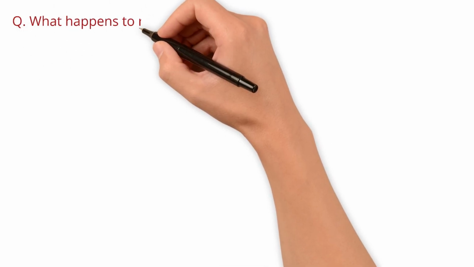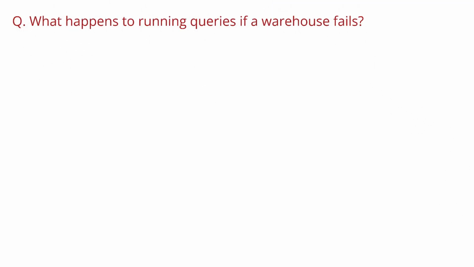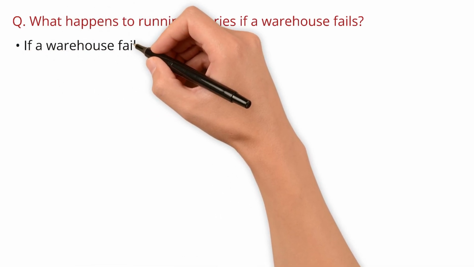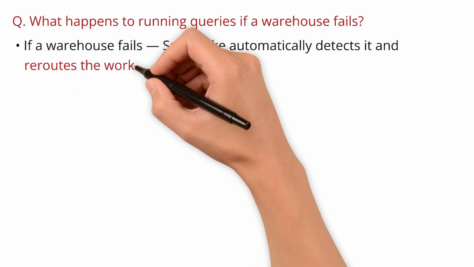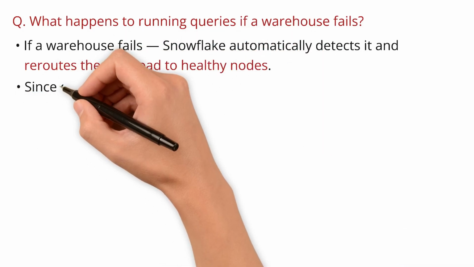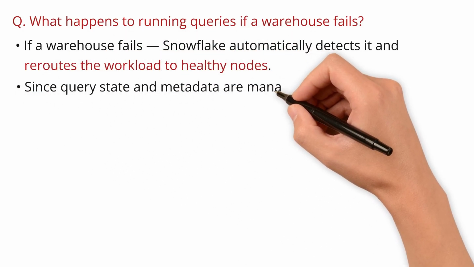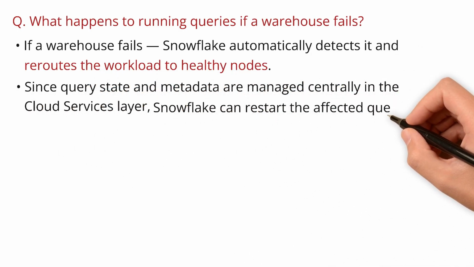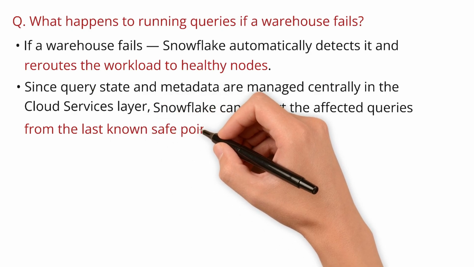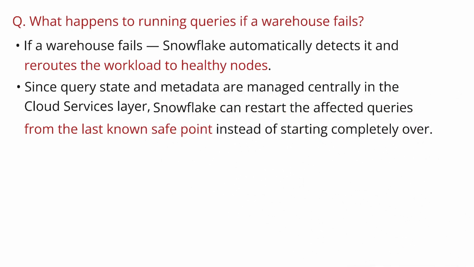What happens to running queries if a warehouse fails? Well, if a warehouse fails, Snowflake automatically detects it and reroutes the workload to healthy nodes. Since query state and metadata are managed centrally in the cloud services layer, Snowflake can restart the affected queries from the last known save point instead of starting completely over.